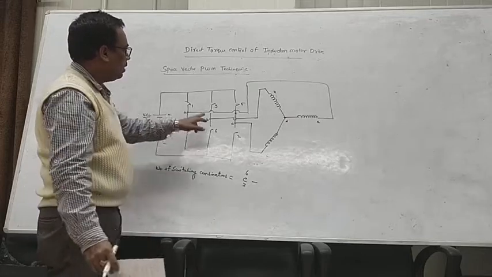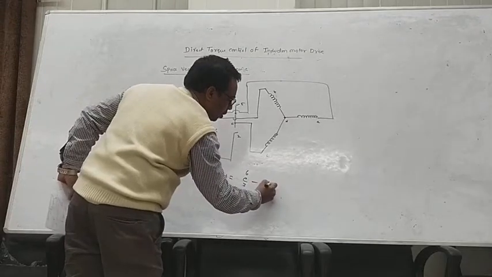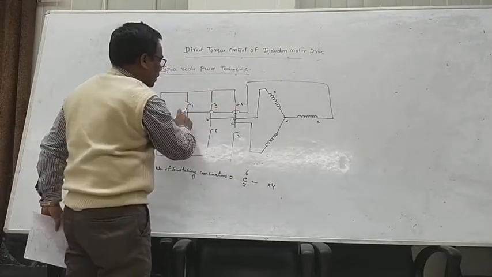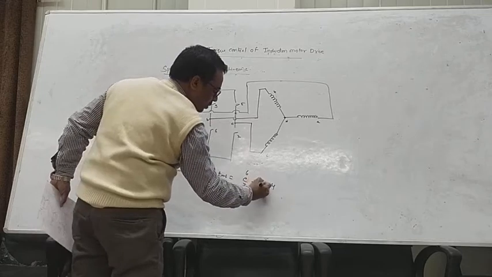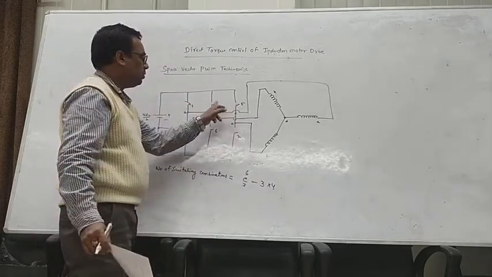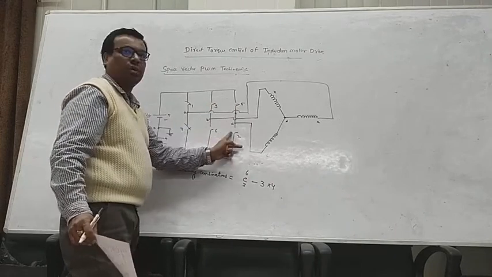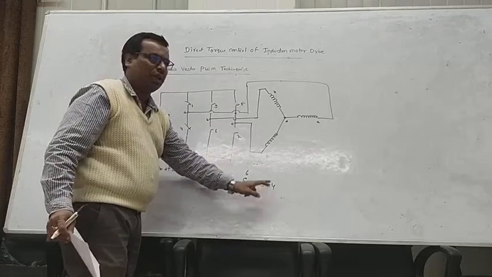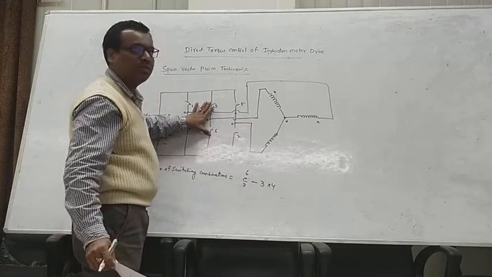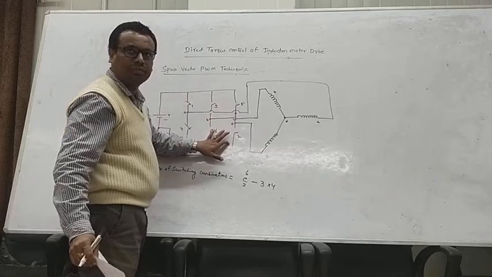So illegal, how many? 4 switches are there. So how many phases are there here? 3 phases: phase A, phase B and phase C. So 3 into 4 illegal. So maybe this switch 1, 2, 3 and 4, that's why 4 combinations. For example, if you take another phase, phase B, again the illegal combinations 1, 2, 3, 4.